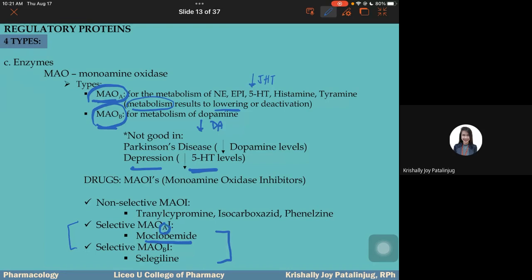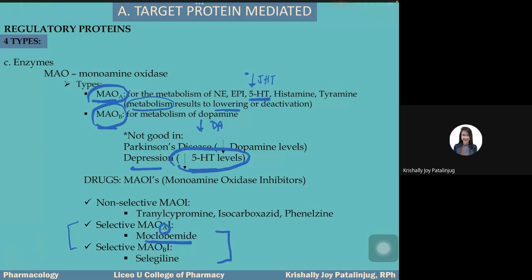Going back to the problem in depression, it's about the level of serotonin. Too low yung level ng serotonin. Okay, so you inhibit here the subtype of monoamine oxidase that metabolizes serotonin. Okay, so that's MAO-A.